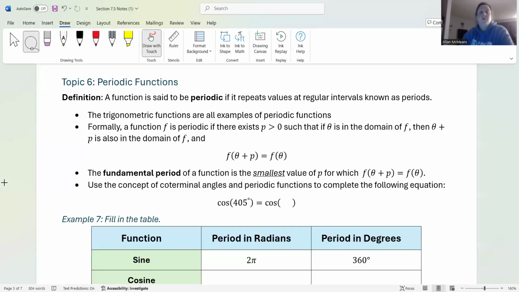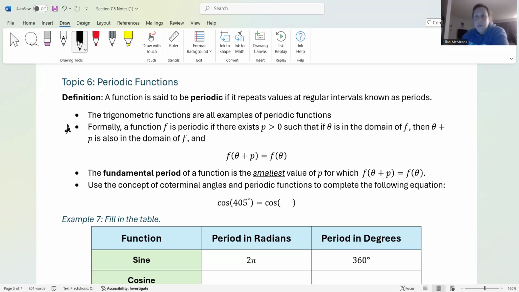All right, so formally we can say a function f is periodic if there exists a value for p greater than 0 such that if theta is in the domain of f, then theta plus p is also in the domain of f, and f of theta plus p equals f of theta.